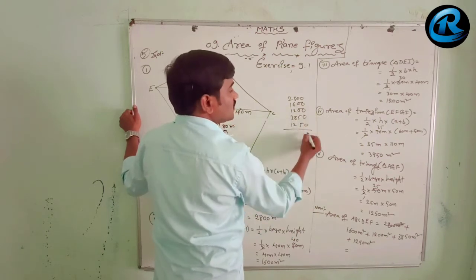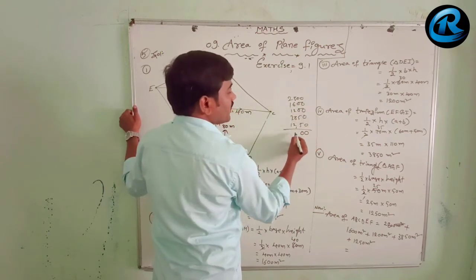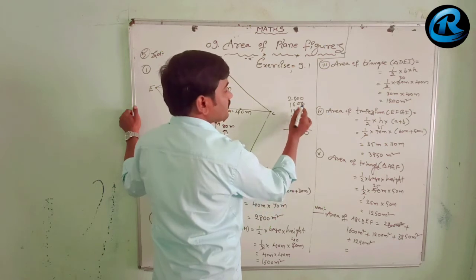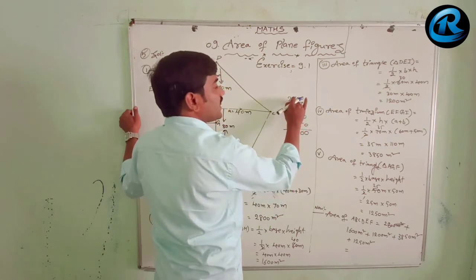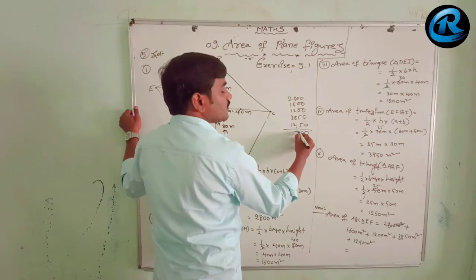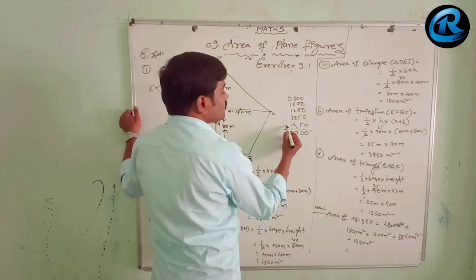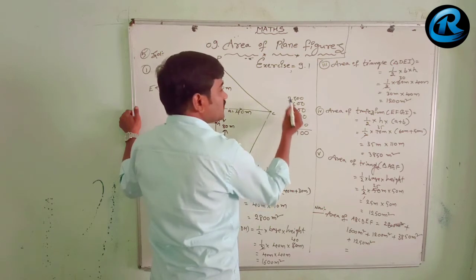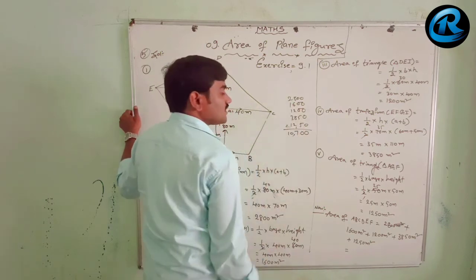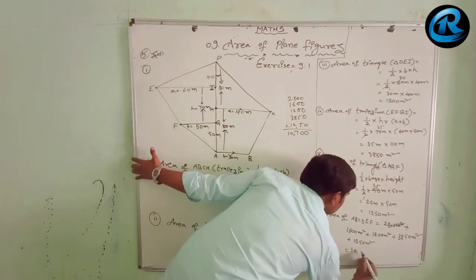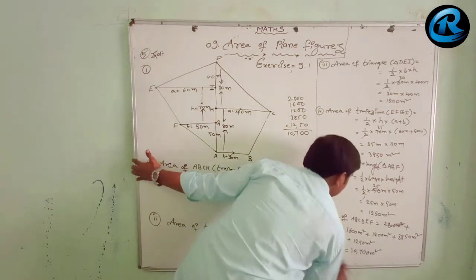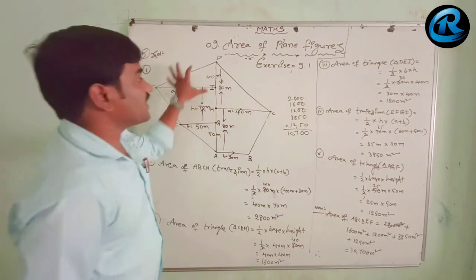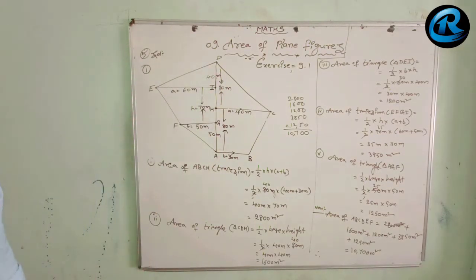Let us add all this. 0, 5 plus 5, 0, 1 carry. Here 10, 11, 11, 13. 13 plus 6, 19, 19 plus 8 is 27. So 2 carry. 3 plus 3, 6. 6 plus 2, 8. 8 plus 2, 10. 10,700 meters square. Right? Therefore, you write area of this field equal to 10,700 meters square.